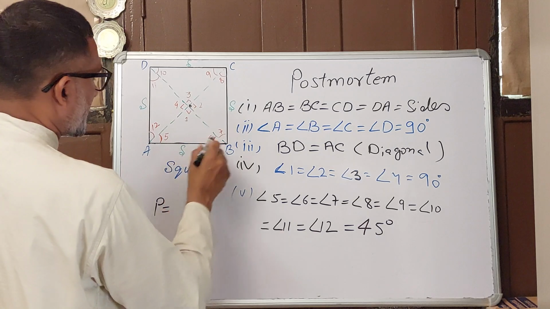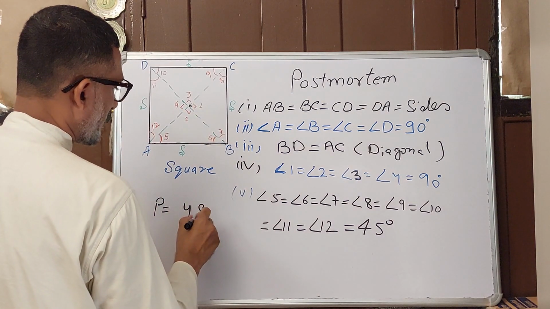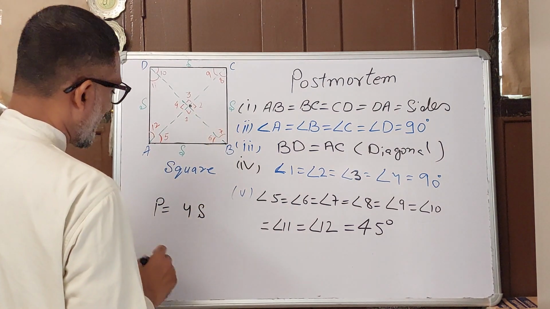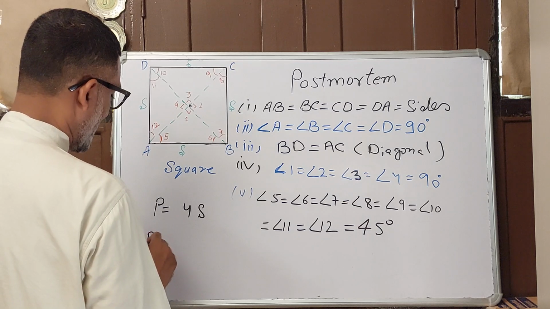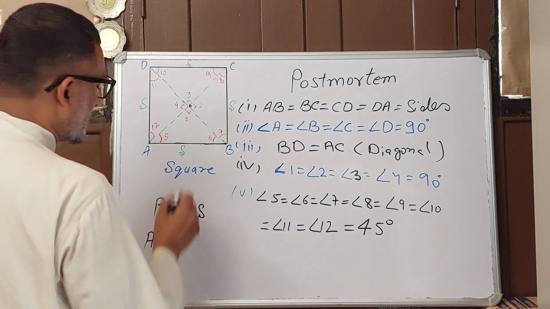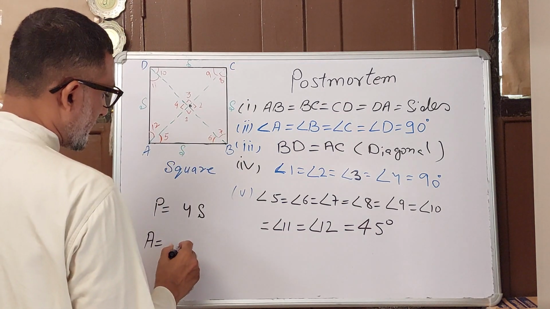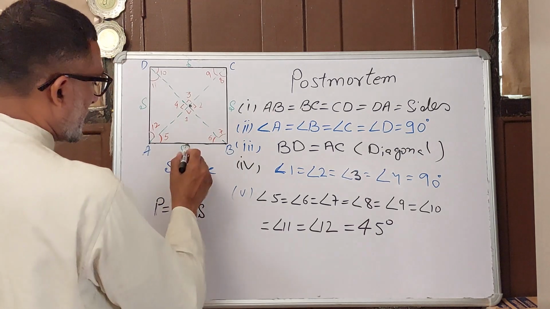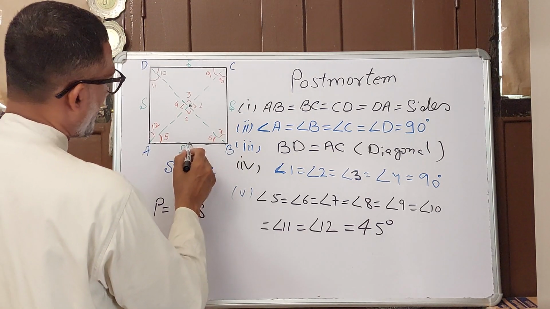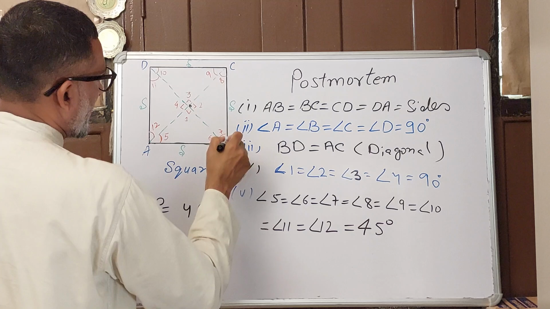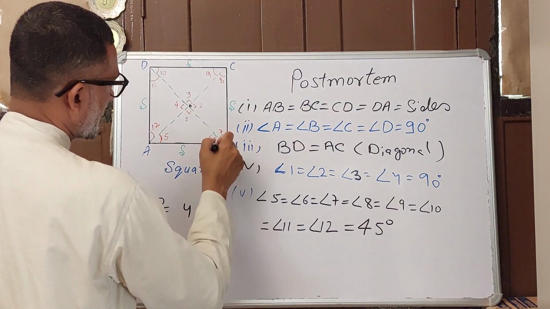When we add all sides, s plus s plus s plus s, the perimeter will be 4s, and we already know that area is what? Base into height. Here the base is just like the side. This is the base for him, and height is what? Because it is 90 degree.